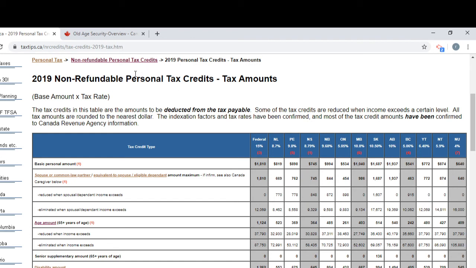So let me read this. 2019 non-refundable personal tax credits. Tax credits in this table are the amounts to be deducted from the tax payable. So that's important. This isn't a reduction in taxable income. This is a reduction in tax payable. A $1,000 reduction in tax payable is a pretty big deal. On $50,000 of income, you're paying what, 7,000 or 8,000 of tax?